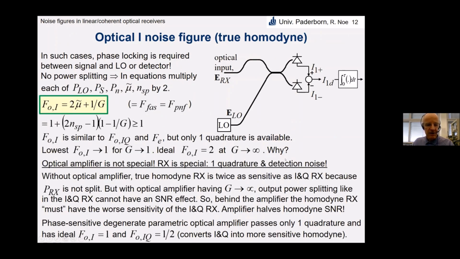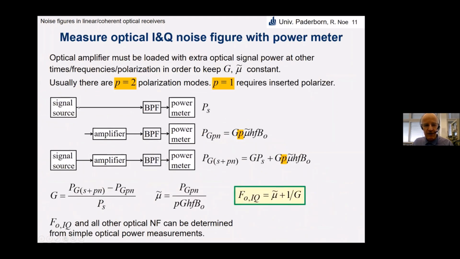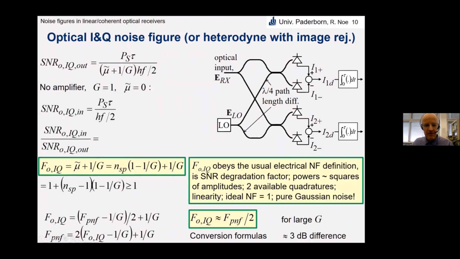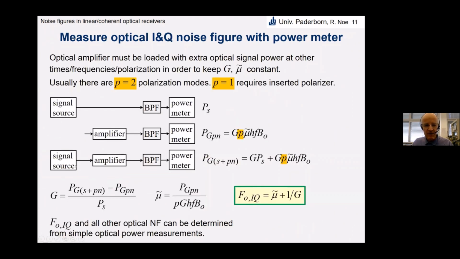In optical detection, there's a specialty, homodyne detection, which has 3 dB more receiver sensitivity. Things simplify here. A few equations are multiplied by 2, and finally we get a very similar noise figure as here, but this term now gets multiplied by 2.